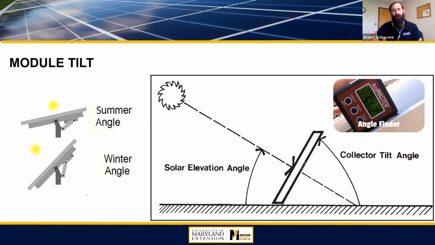There are systems that can move and tilt at, of course, an added expense. I've seen a lot of these in Maryland. A lot of farmers have done this, at least just to manually tilt from winter and summertime. From my standpoint, it's just another thing to keep up with. Maybe if you're changing it 3 or 4 times a year to adjust the angle depending on where the sun is during that season.